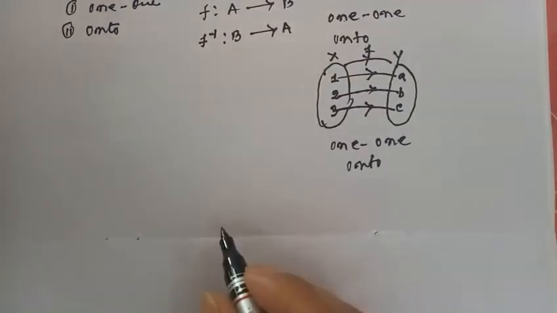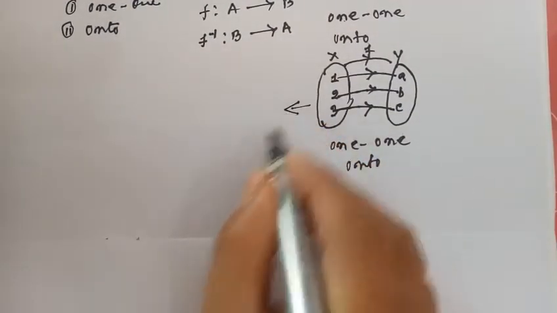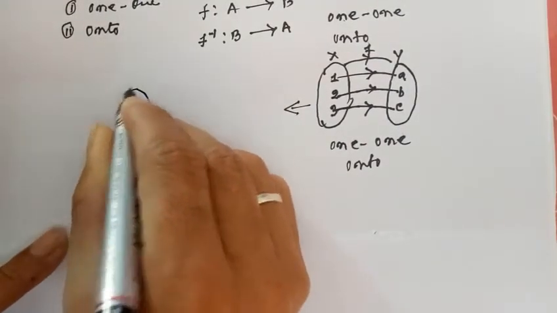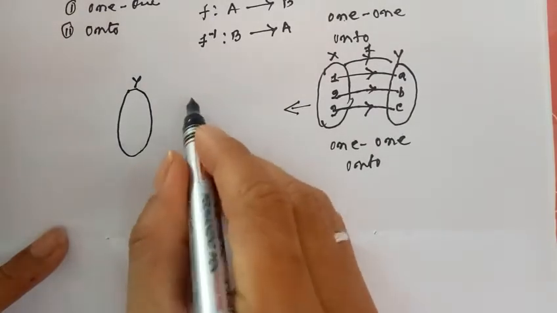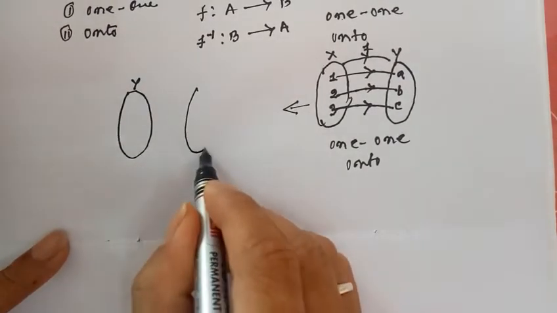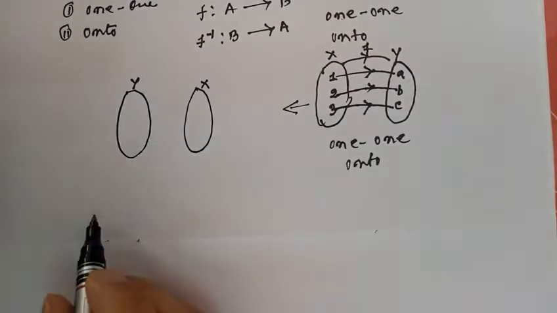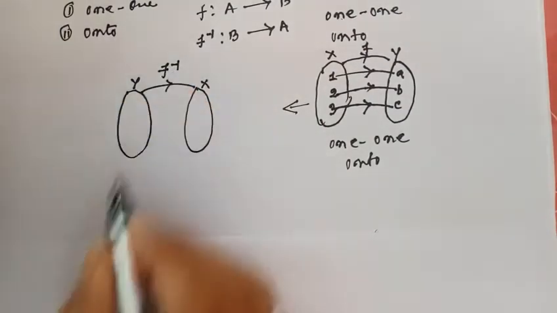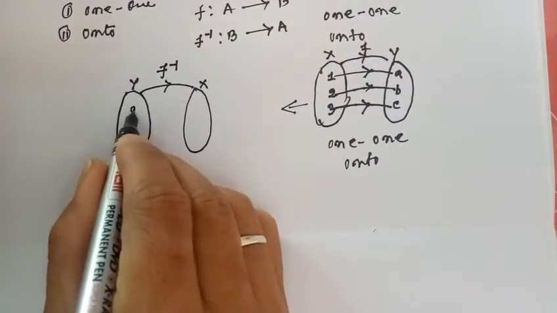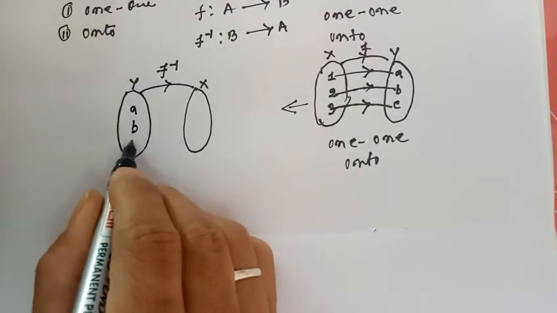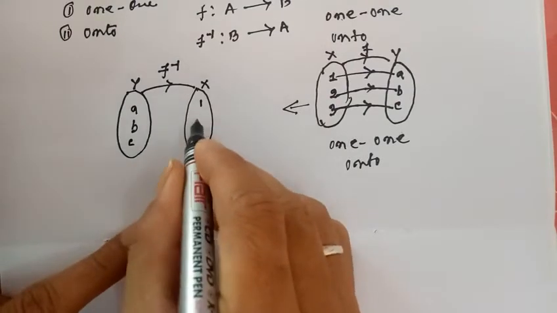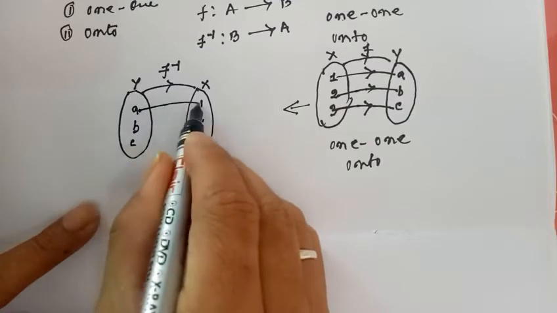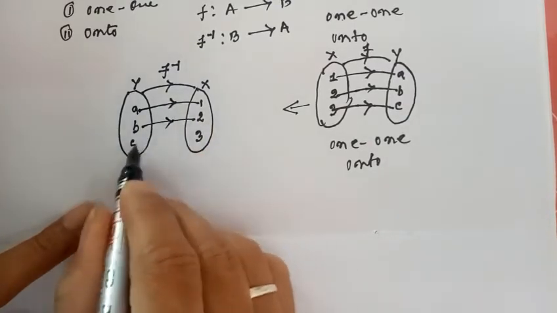So we write the inverse like this. Inverse of this is, we draw y, and I will draw another x, and this is f inverse now. We write a, b, c on this side and 1, 2, 3 on the other side, and we relate like this now.